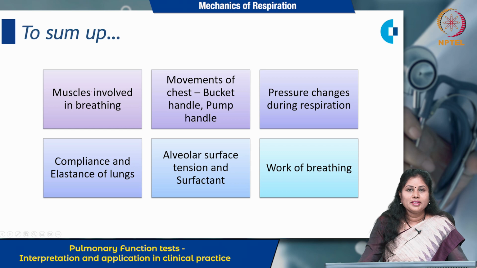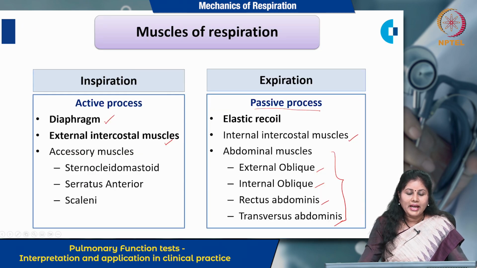To sum up, we have seen the muscles involved in breathing. The active inspiratory process is brought about by the diaphragm and the external intercostal muscles, helped by the accessory muscles when needed. Expiration, being a passive process, is predominantly brought about by the elastic recoil, and also with the help of internal intercostal muscles and other accessory muscles when there is a need.